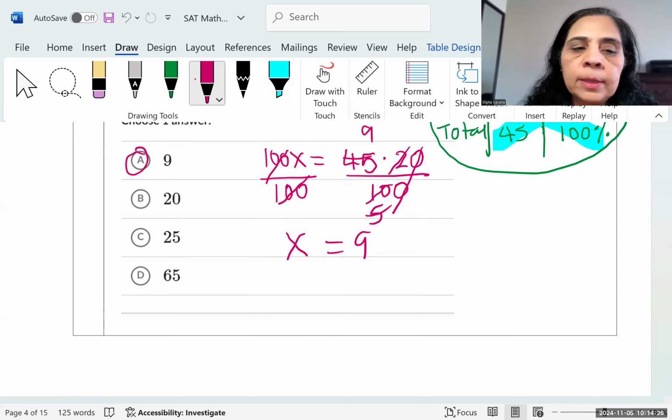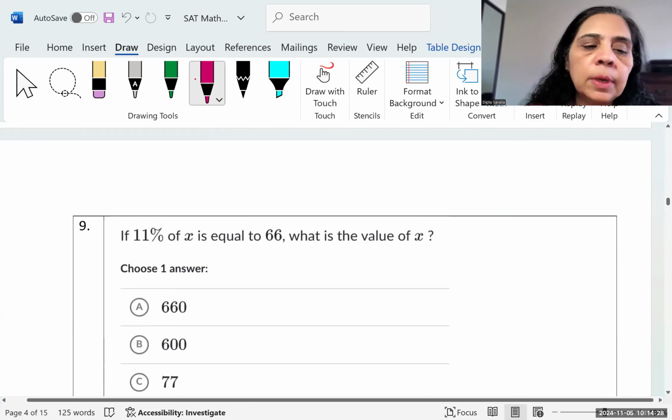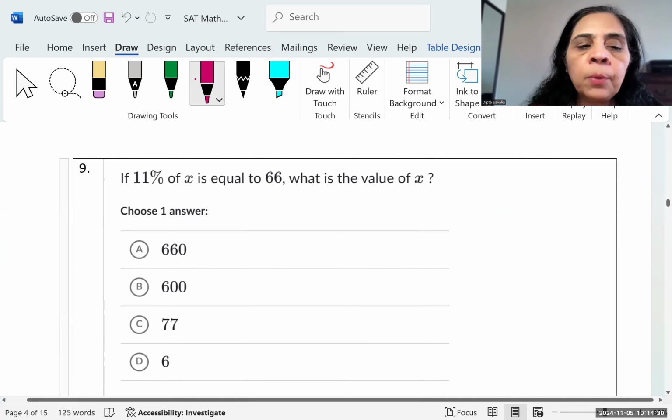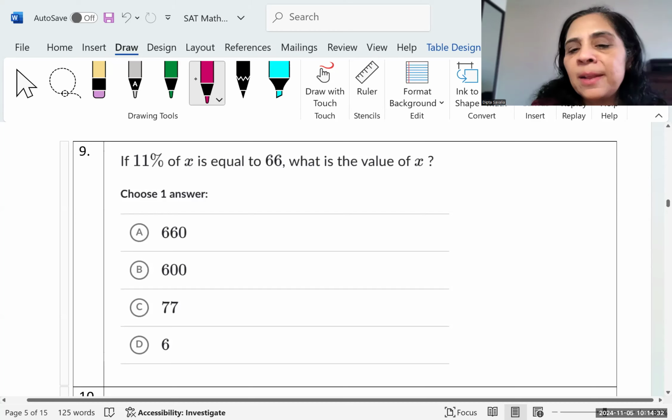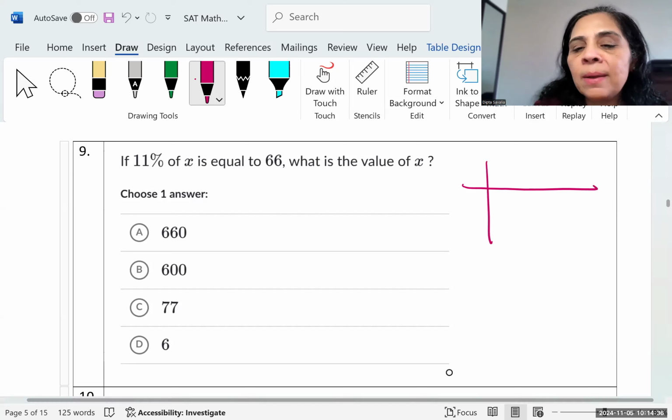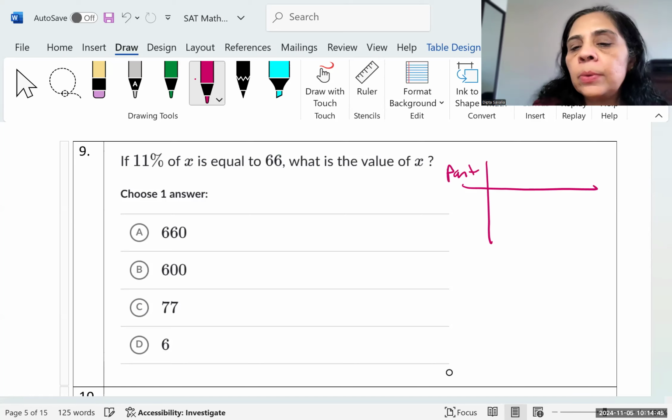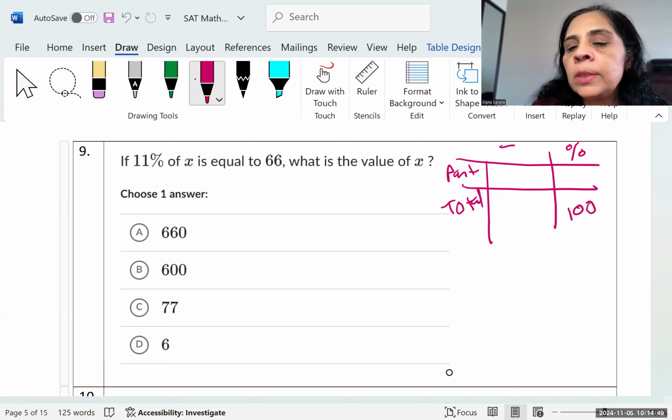All right, let's see number 9. We have another percentage problem. So remember, right, we can make part over total. Also, you can write percent. Total is always 100%. And here you can write whatever part and total.